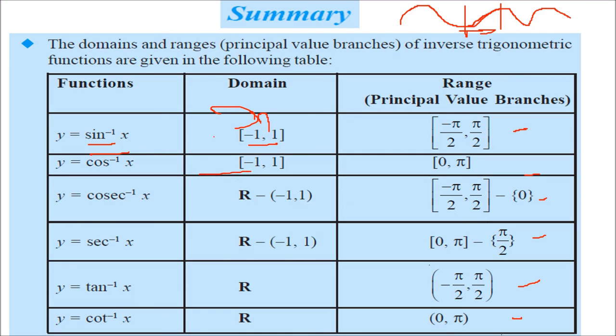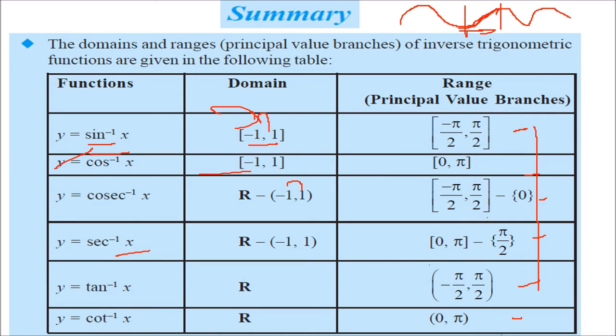Similar for the cos inverse x. And these are the principal value branches for which the function has an inverse. Y is equal to cosec inverse: the domain is all real numbers except between minus 1 and 1. Similar for sec inverse x.